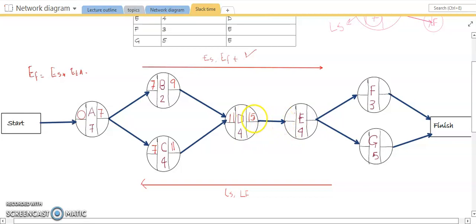Now again, 15 is the earliest finish time. The earliest finish time of the preceding activity will become the earliest start time of the successor activity. So 15 will be allocated to activity E. 15 plus 4, 19. Now again, you see here that activity E has two successor activities, which will be started as soon as activity E is completed.